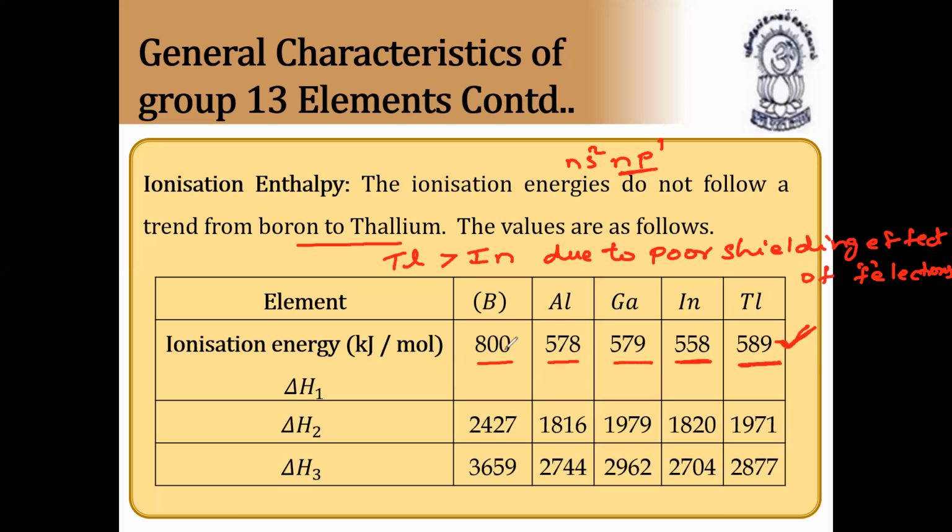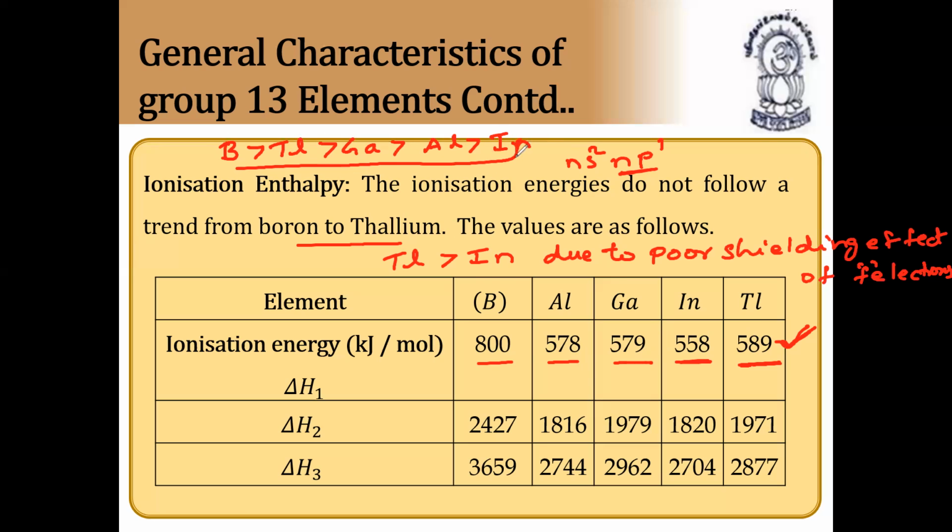First we have boron, with the highest first ionization energy; the second highest is thallium; and the least is indium. These are the ionization enthalpies.